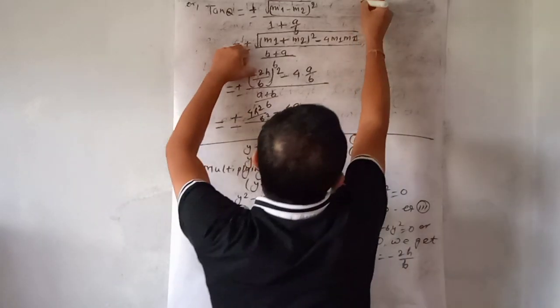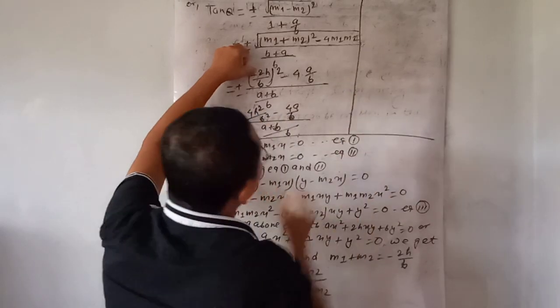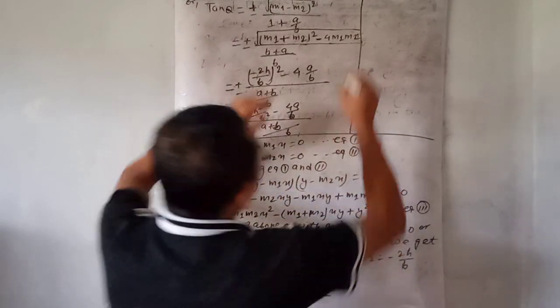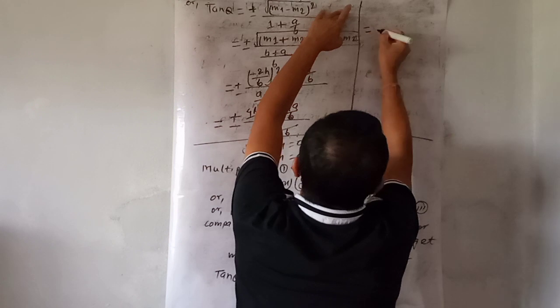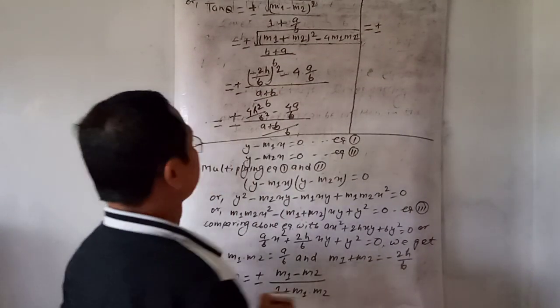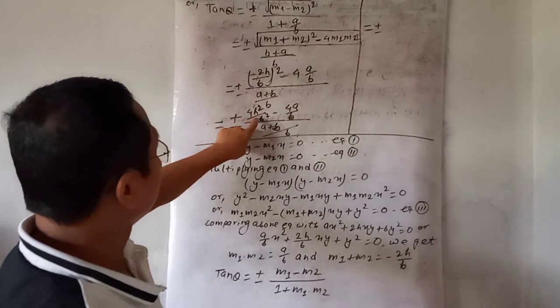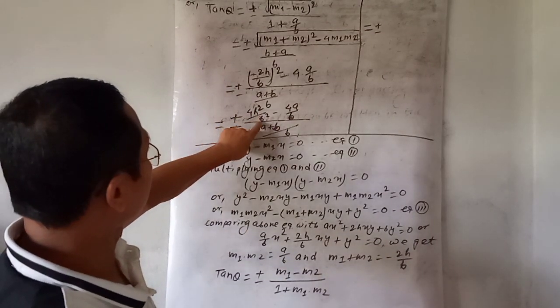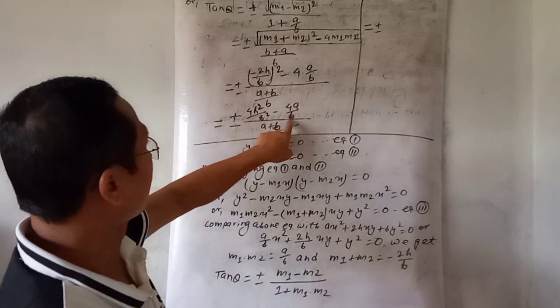Now it equals plus minus root of 4h square by b square minus 4a by b.